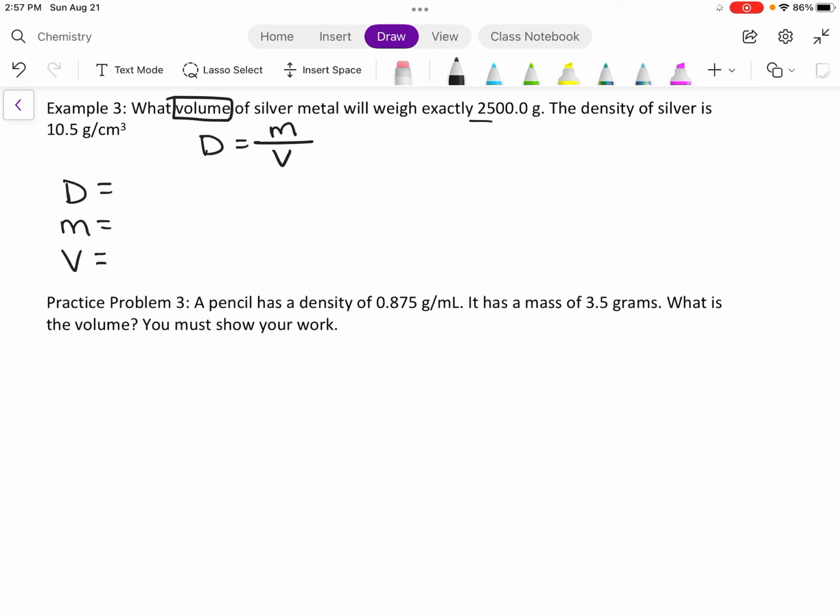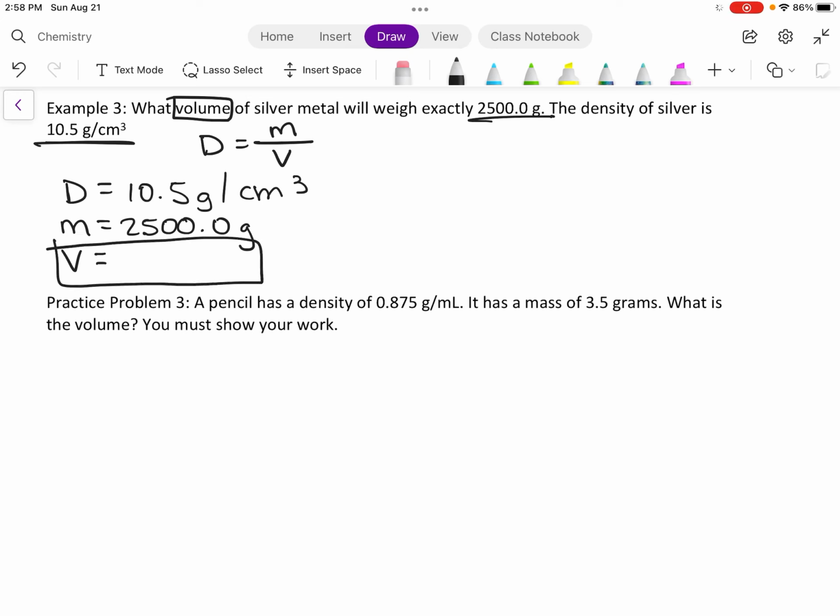Our mass is right here. And our density is here. What is our volume? Okay, so we plug in the numbers for density, plug in the number for mass, and find volume. So we're looking for volume this time.